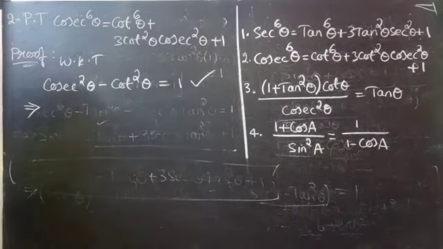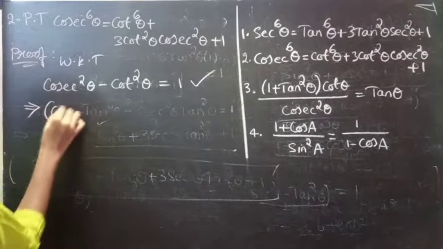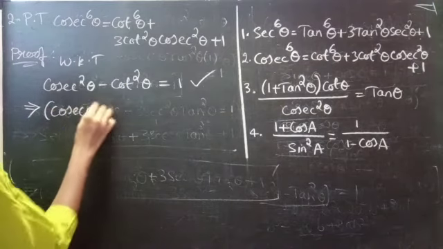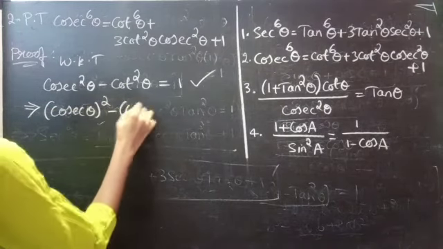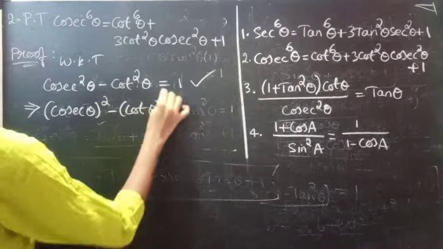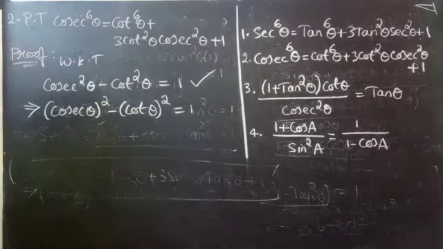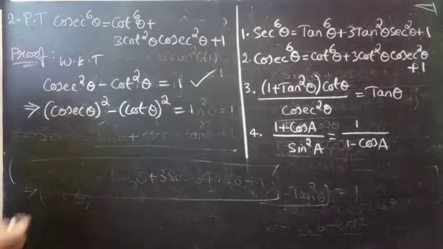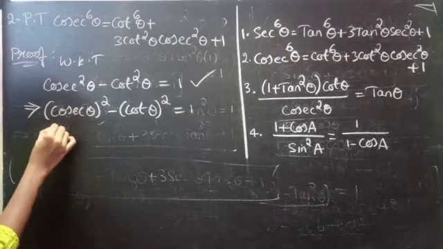Very familiar identity, right? So this can also be written as cosecant theta whole square minus cot theta whole square equals to 1.